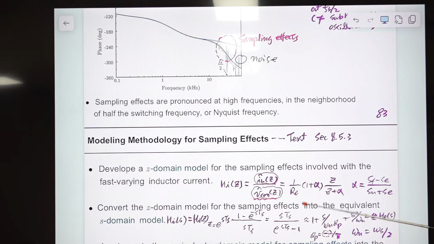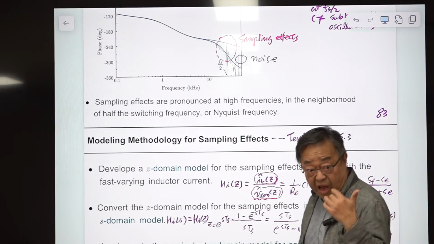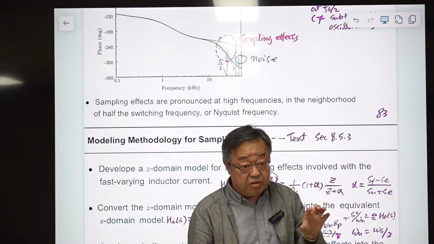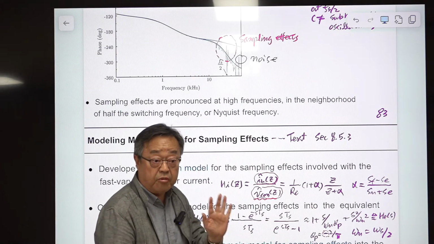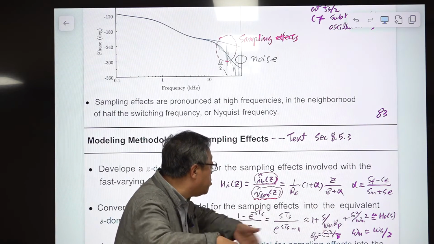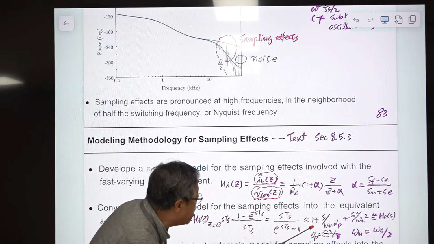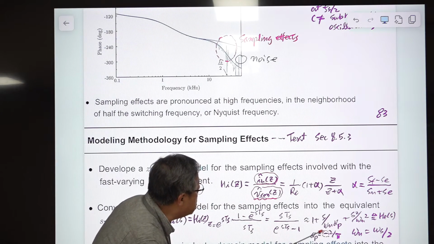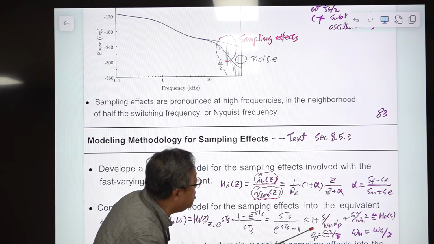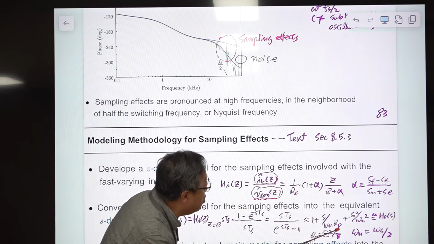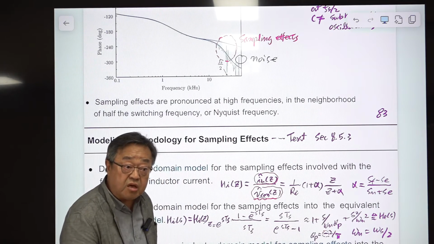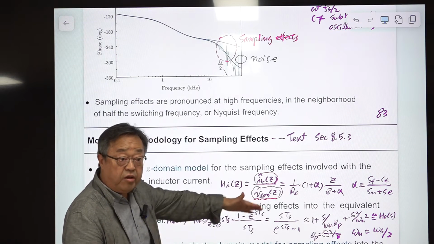So we apply the Taylor series expansion and one approximation technique called the Padé approximation. You don't have to know every detail about this, but through several steps and some kind of approximation, he derived this. So this sampling effect is represented as a second order zero. It comes in the numerator.